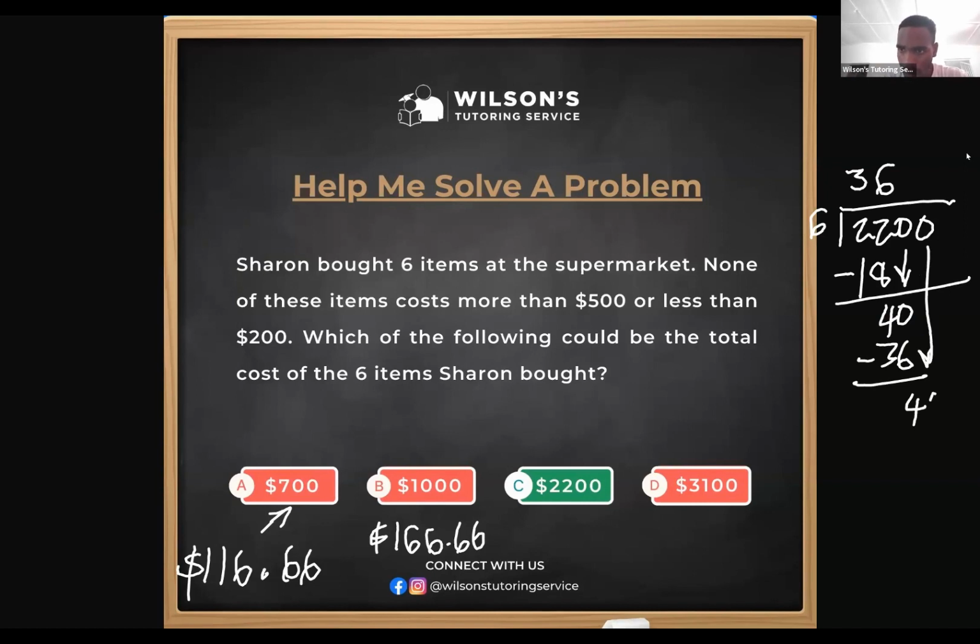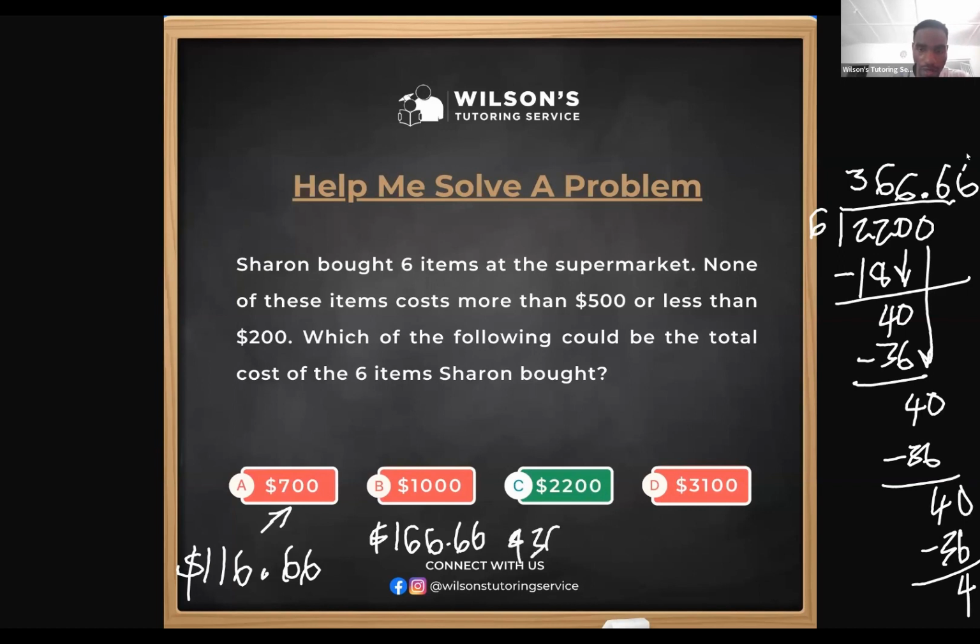Bring this down. 6 into 46 again. 36, left that 4. One decimal point and 6 into this would go. If I continue, I'll end up with 66 behind the decimal point, because that's a recurring decimal, which means each item would cost somewhere at $366.66.